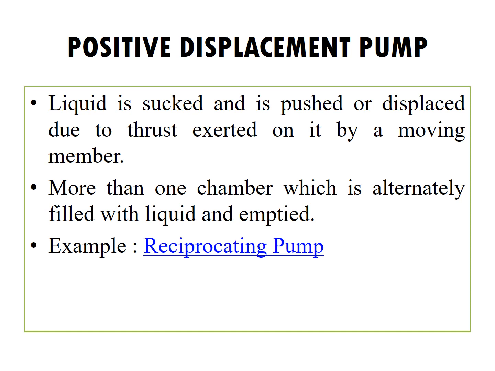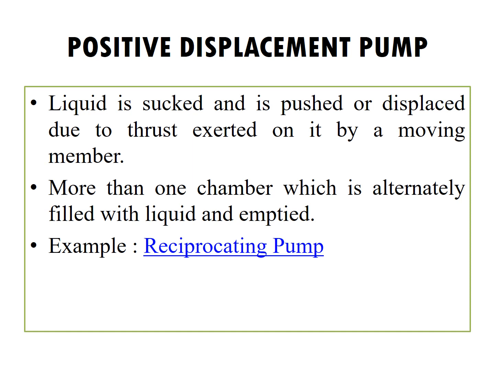Now, before moving to the details on centrifugal pump, first we will see what a positive displacement pump is. In a positive displacement pump or a reciprocating pump, liquid is sucked and is pushed or displaced due to thrust exerted on it by a moving member. This moving member can be a piston.